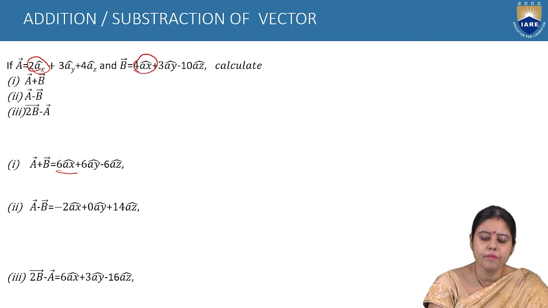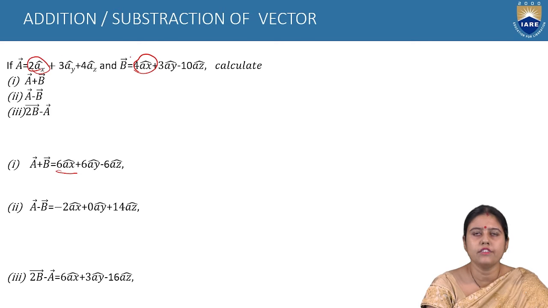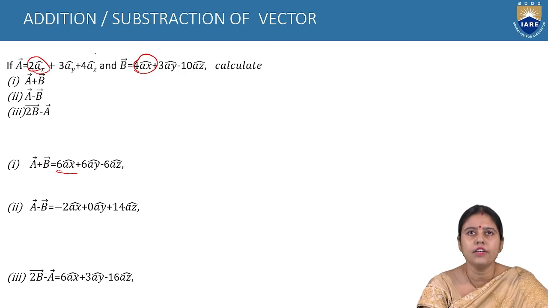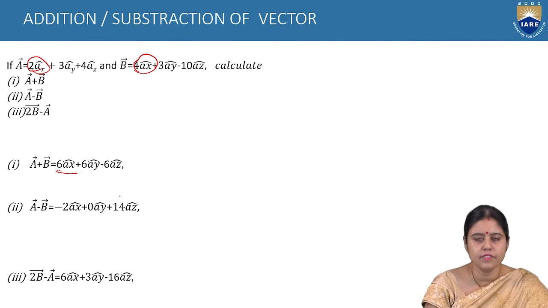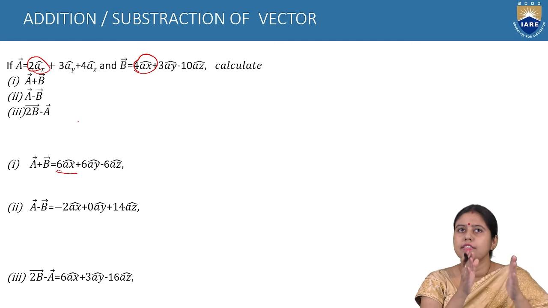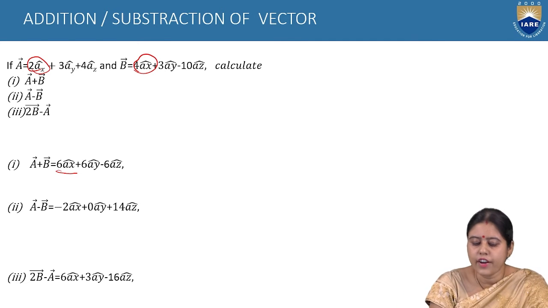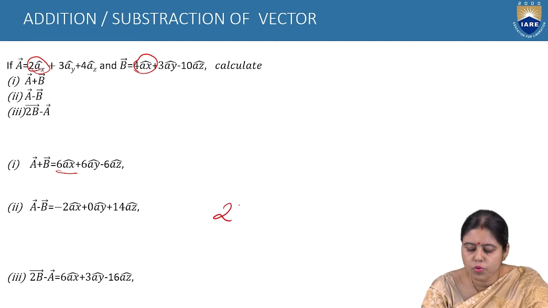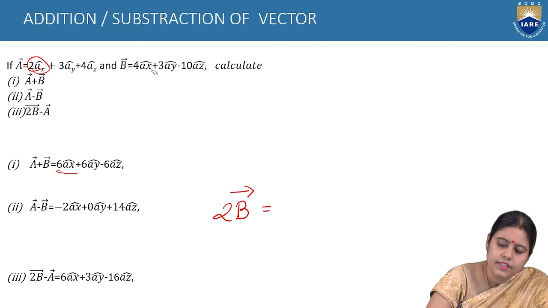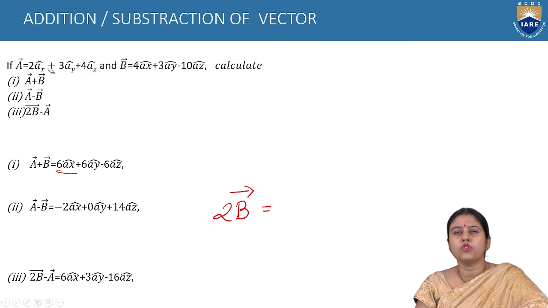Now if we do A minus B: 2 minus 4, minus 2 ax. 3 minus 3, 0 ay. 4 minus of minus 10 means 4 plus 10 means 14 az. Next one is 2B minus A. Scaling and addition. First we have to calculate 2B. What is the value of 2B? The B vector will be multiplied with 2.